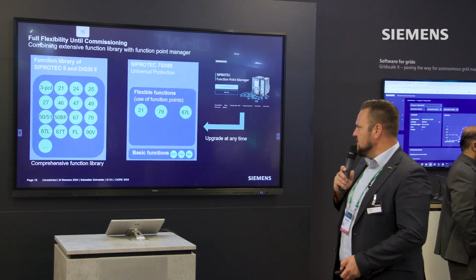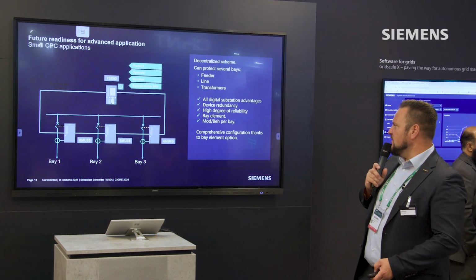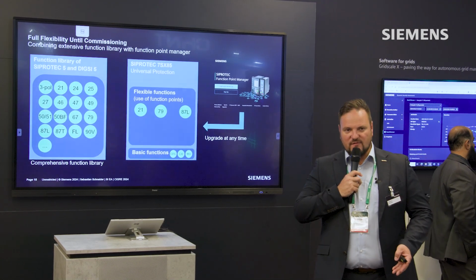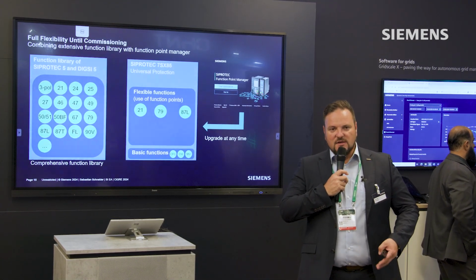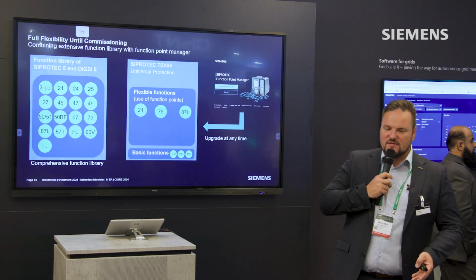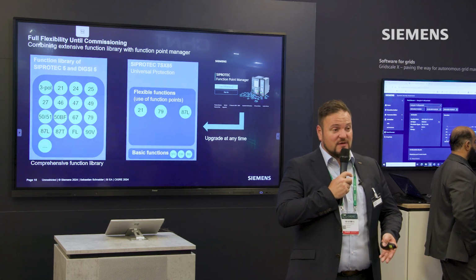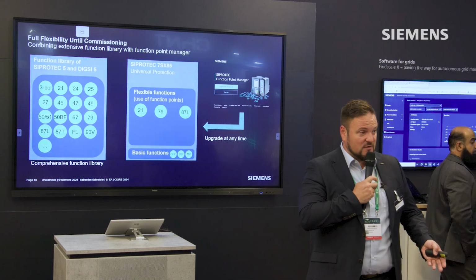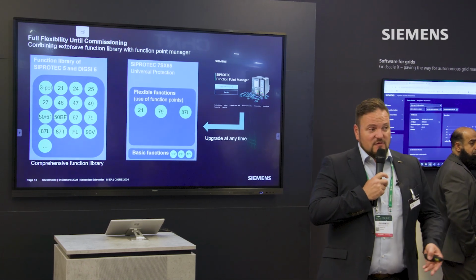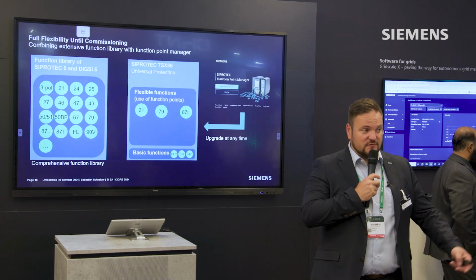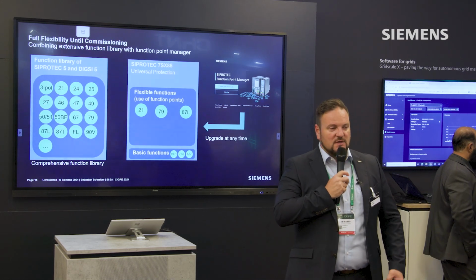Then you have the possibility to delete the function and add a new function to your project. So you are very flexible. On the other hand, you start your engineering process, for example with the distance protection, and then you find out that distance protection is not working, the time grading or the zone cannot be set, and you have to change to line differential protection. You can do that.